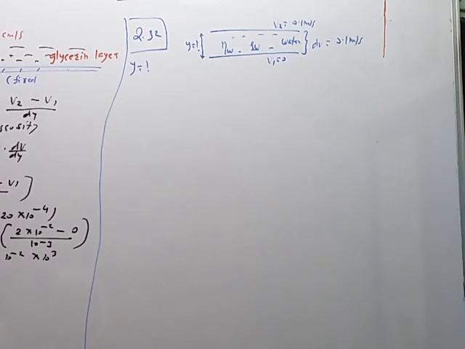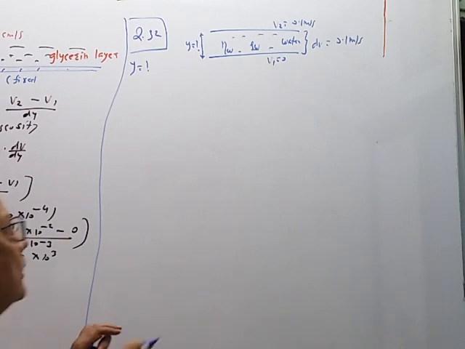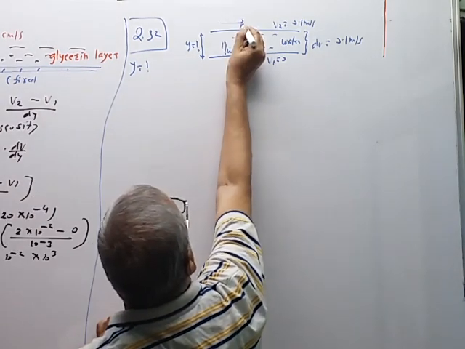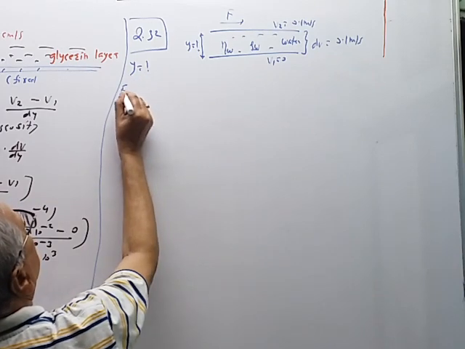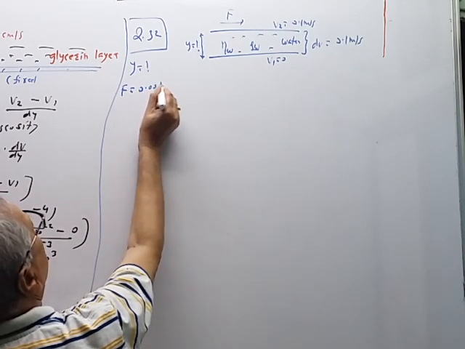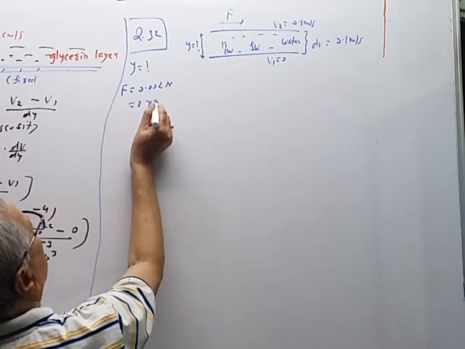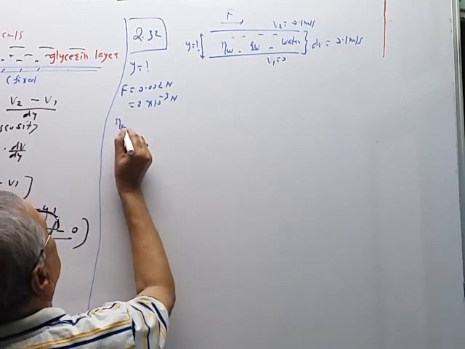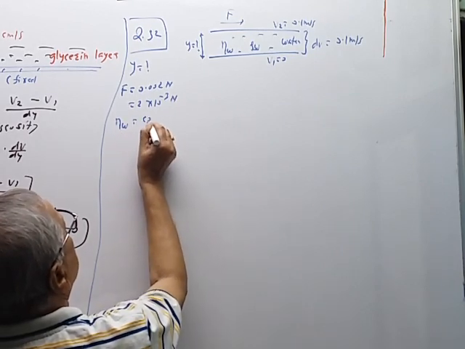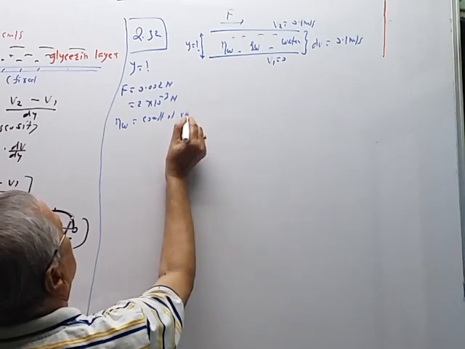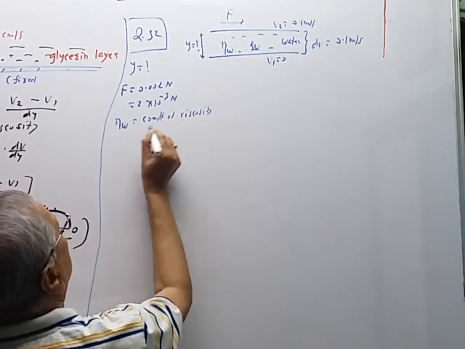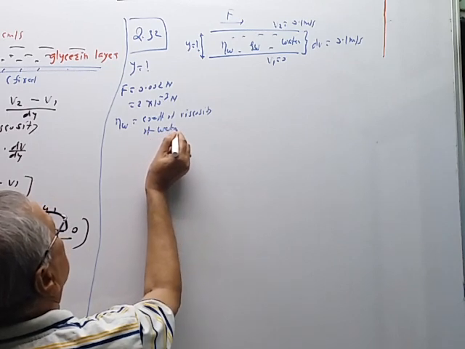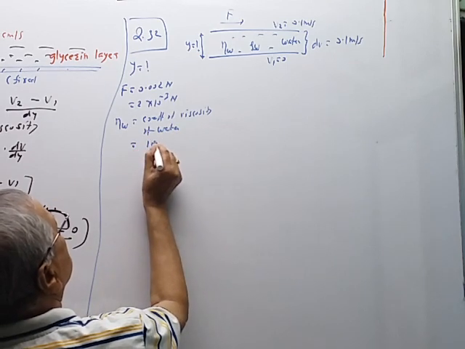And the force applied is 0.002 Newton. F is equal to 0.002 Newton, that is equal to 2 into 10 raised to minus 3 Newton. Now the coefficient of viscosity of water is given as 0.01 poise.